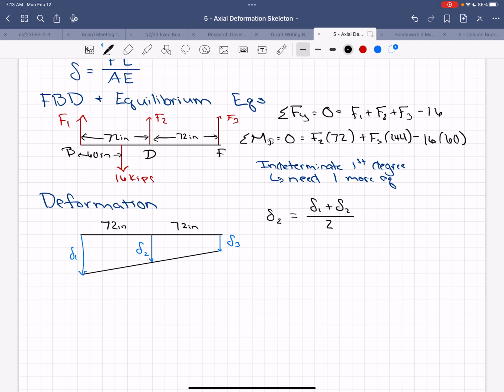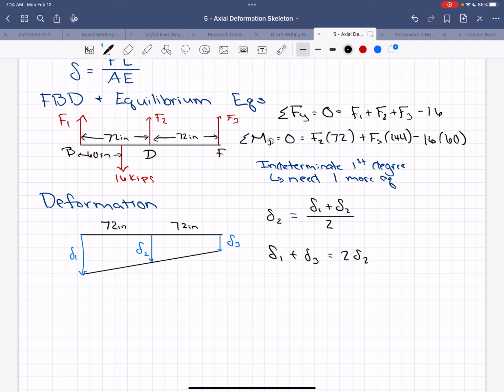So we end up with an equation where delta 1, the deformation of bar 1, plus the deformation of bar 3 equals 2 times the deformation of bar 2. All right, so that's step 2. Step 3 then is the force deformation relationship.